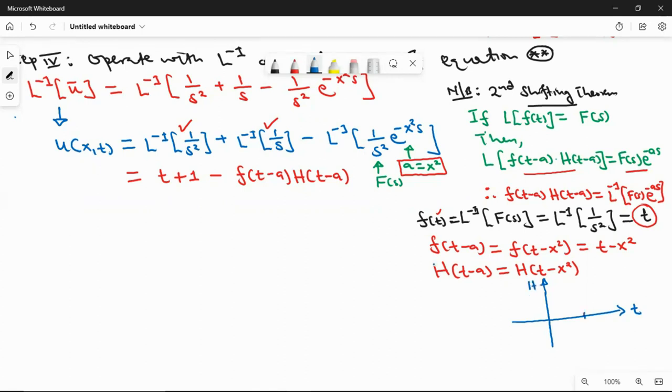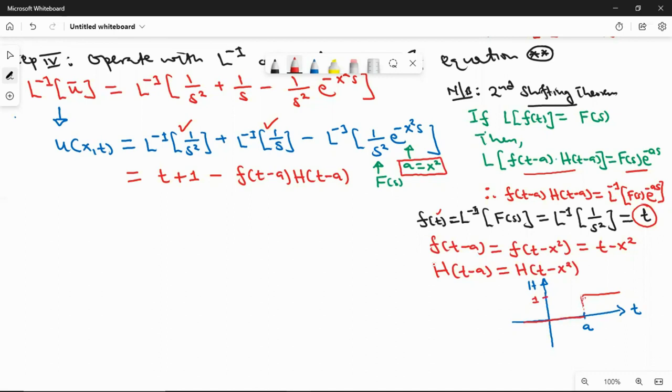So if you have a here, then let's say here I have 1. So that function is defined in this manner. It is 1 to the right of a, and to the left of a, it is 0. It simply behaves like a switch that is off until t is equal to a, at which point it turns on. So that is the Heaviside function.